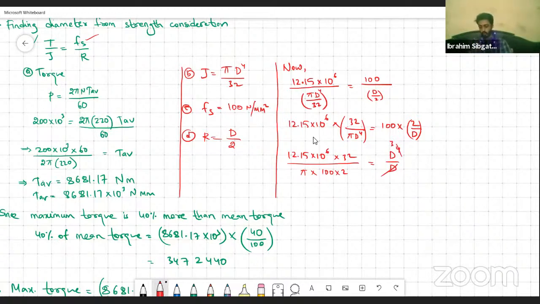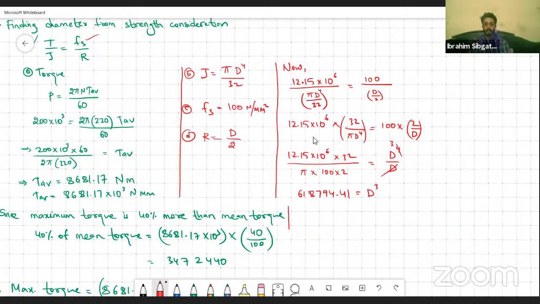Okay, so the answer now will be like this. The entire answer 12.15 into 10 power 6 into 32 divided by pi into 100 into 2 will be 618,794.41 equals to d cube.